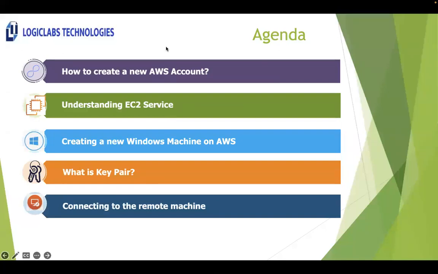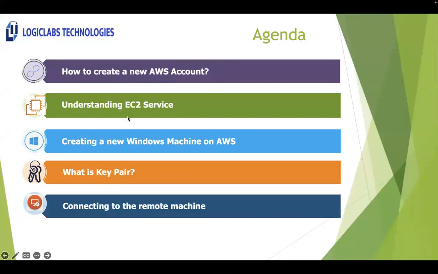Now we understood how to start an EC2 server. We just discussed how to start quickly and how to delete, and that was also based on the Windows machine. But we haven't discussed the key pair and how to connect.